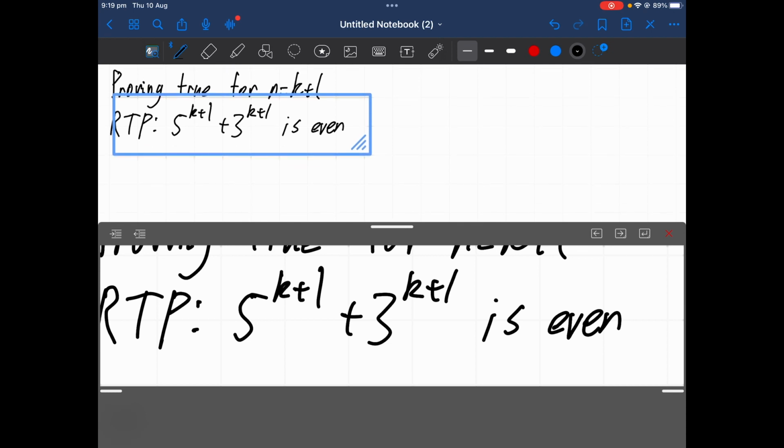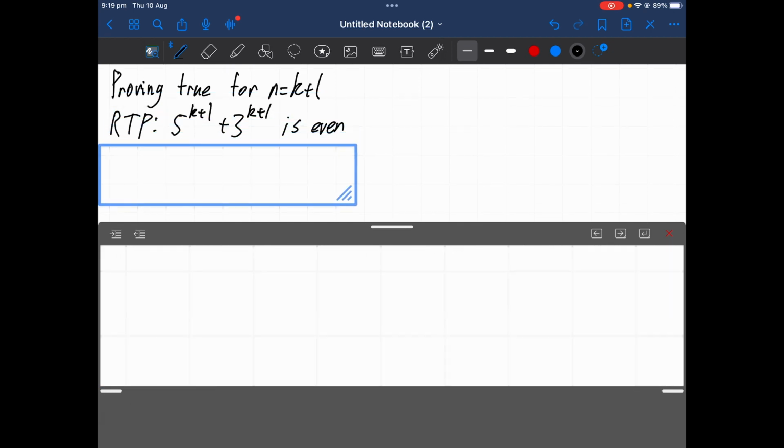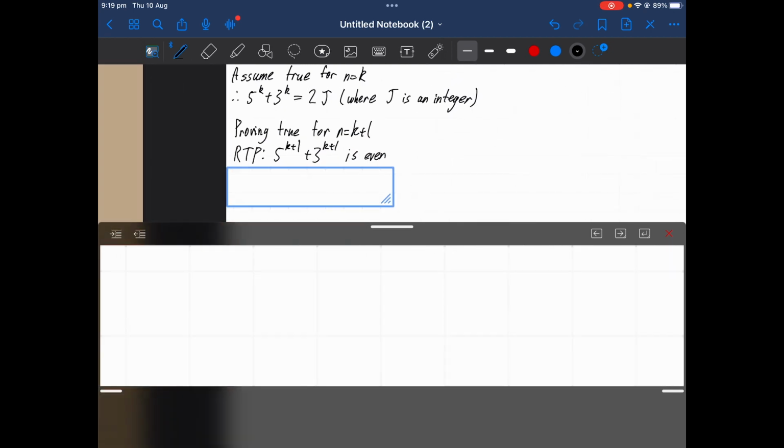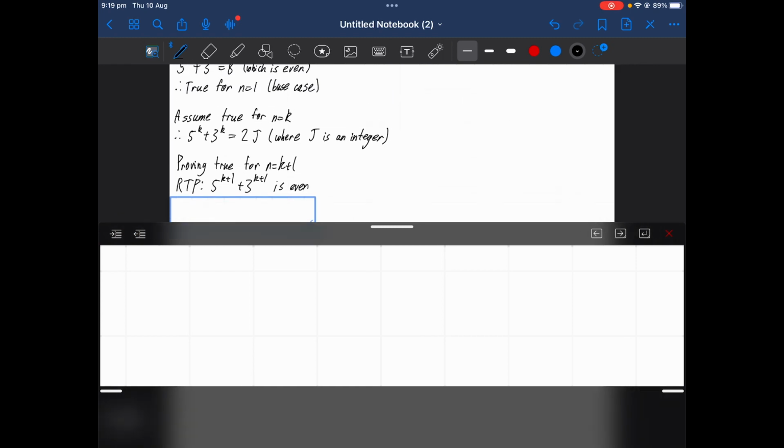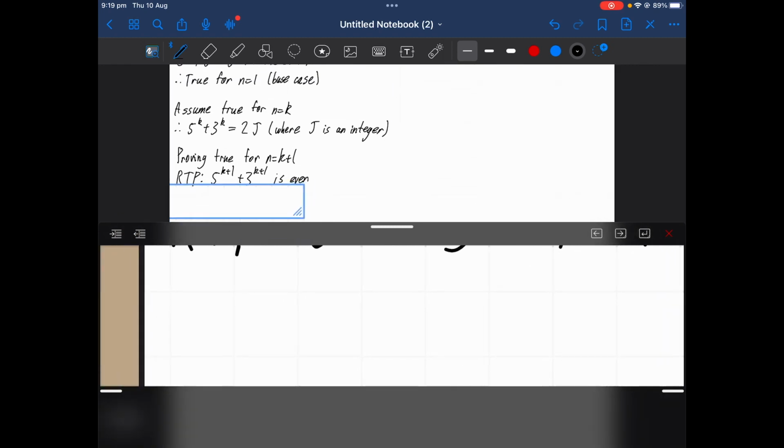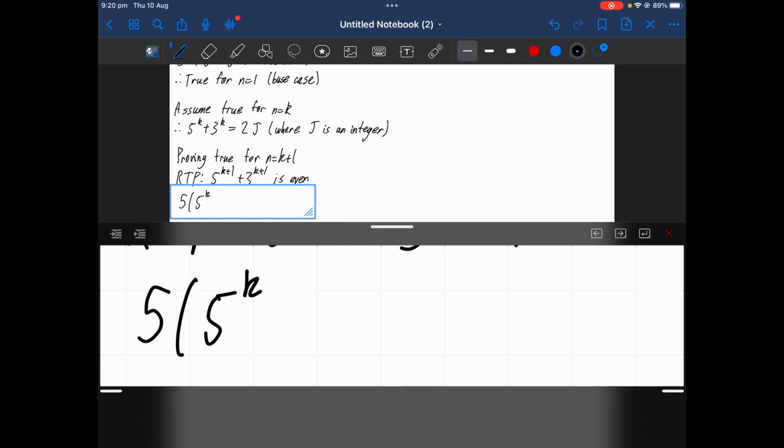So I'm just going to make one change to this first, and I should maybe zoom this out a bit so you can see. We should do one little step before we make any substitutions using our assumption, and that is that 5^(k+1) is the same as 5 times 5^k.